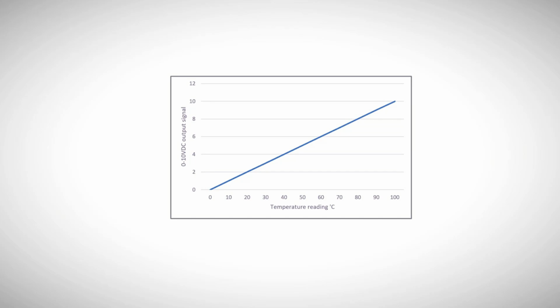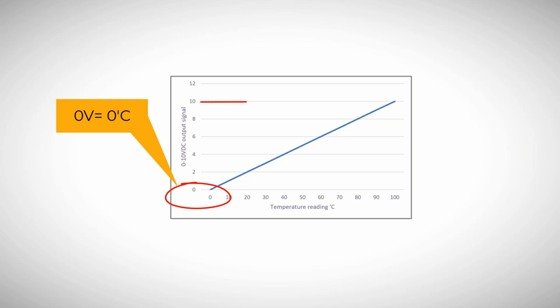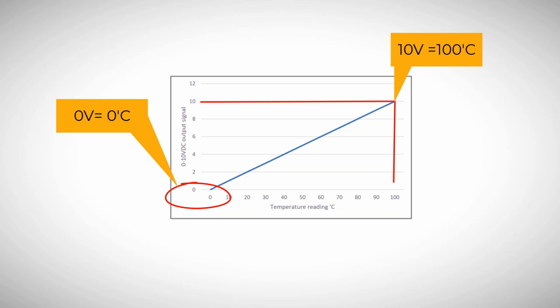The relationship follows a predefined scale where 0 volts represent the minimum temperature, let's say 0 degrees Celsius, and 10 volts represent the maximum temperature, which corresponds to 100 degrees Celsius.